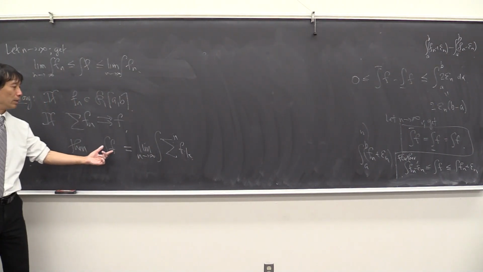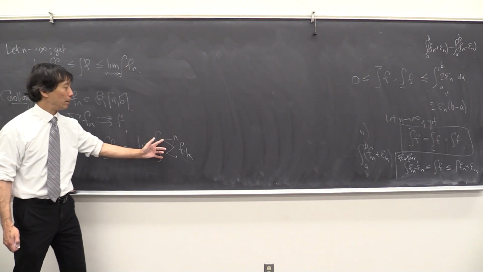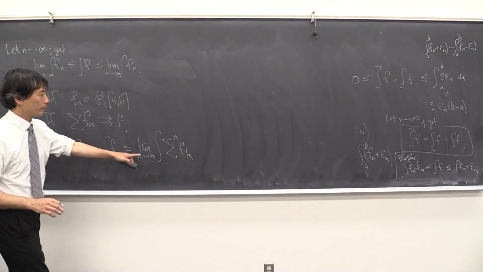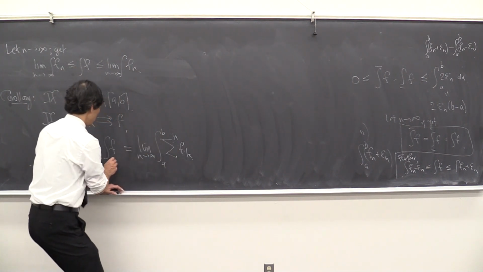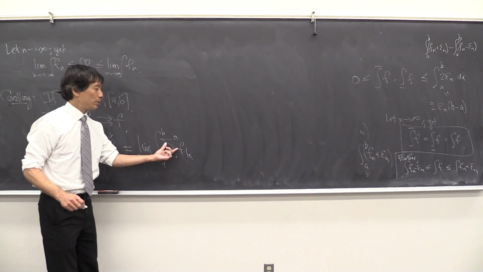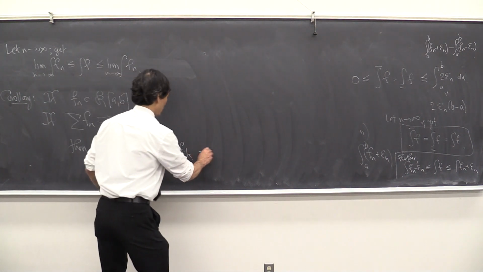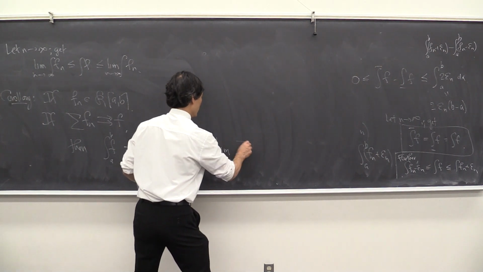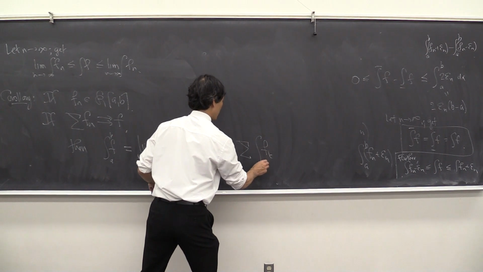The integral of the limit is going to be the limit of these guys. But these integrals of the partial sums, this is just a finite sum, so we can pull the sum out, right? So this is the limit as n goes to infinity of the sums of the integrals of the functions.